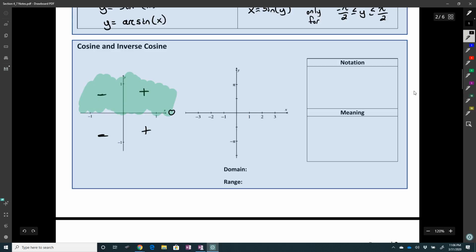Again, these are angles, so that's 0, pi over 2, pi, 3 pi over 2. And everything within this sweep right here is considered to be the domain of inverse cosine. So if we're dealing with cosine, it starts at 1, 0.